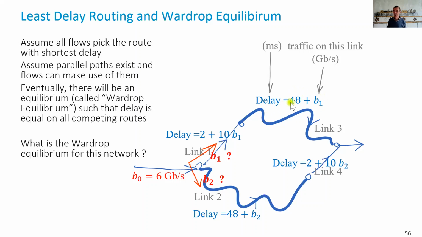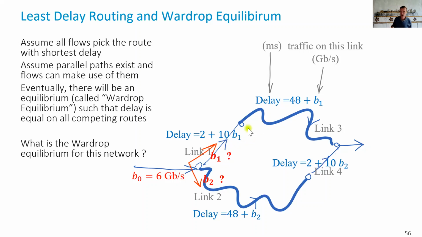For example, on this link, the delay is 48 milliseconds plus B1, where B1 is the amount of traffic that flows here. On this link, the delay is 2 milliseconds plus 10 B1. So it has a smaller propagation time. It's a shorter link, but it has smaller capacity, so the delay increases more rapidly.